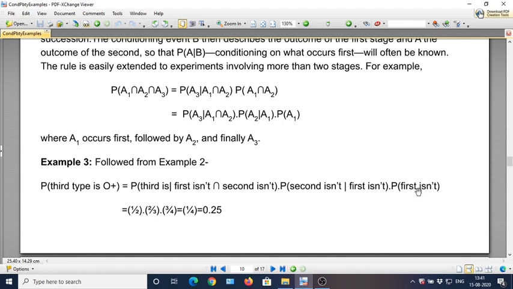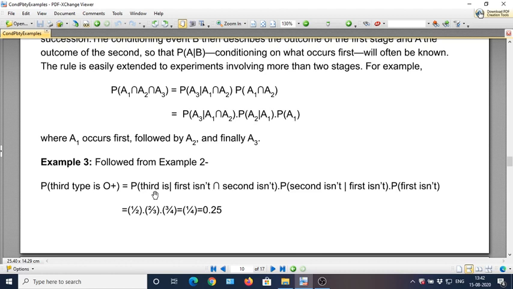These probabilities we have already derived, so this is what we have to find. Here for the third, having done testing for 2 people, there are 2 more that are left.